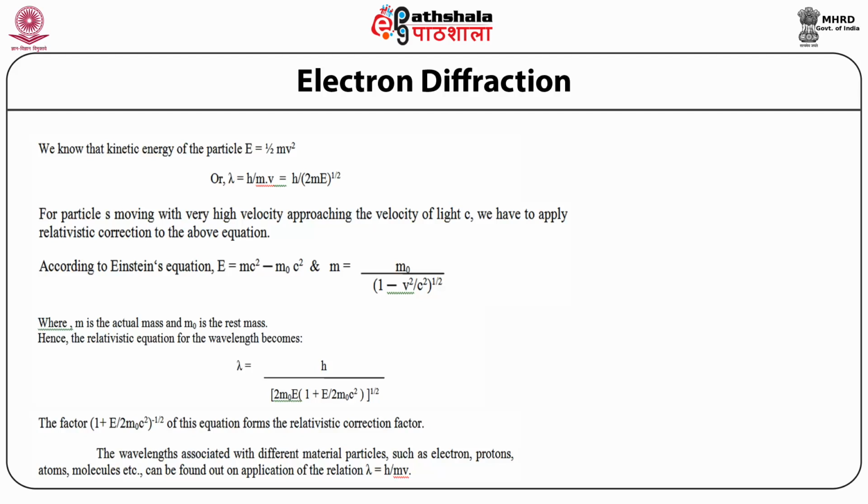The wavelengths associated with different material particles such as electrons, protons, atoms, molecules, etc. can be found on application of the relation lambda is equal to h upon mass into velocity.